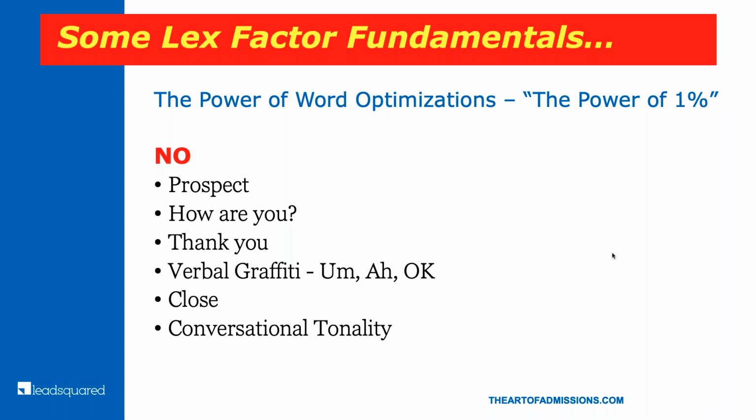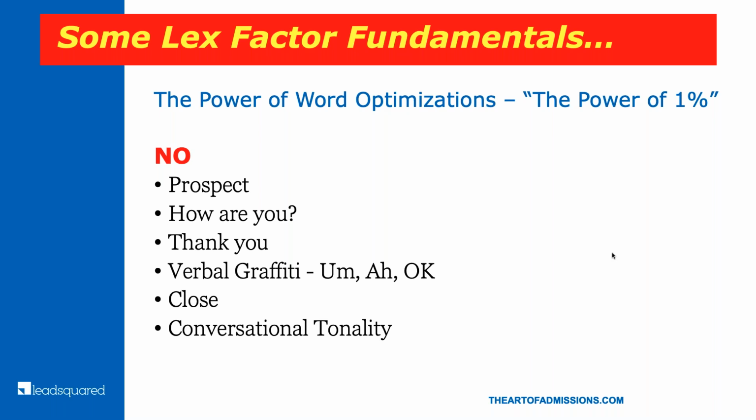Nothing's insignificant. Everything matters. A lot of times when I first start working with a school, the VP of admissions, the owner or the director, they'll ask me to identify, Lexington, what's one big thing? Like what's the main thing that we need to do differently so that we can enroll more students? And I'll tell them that it's almost always not one or two single things, but it's 100 power 1%s that are so easy to dismiss.